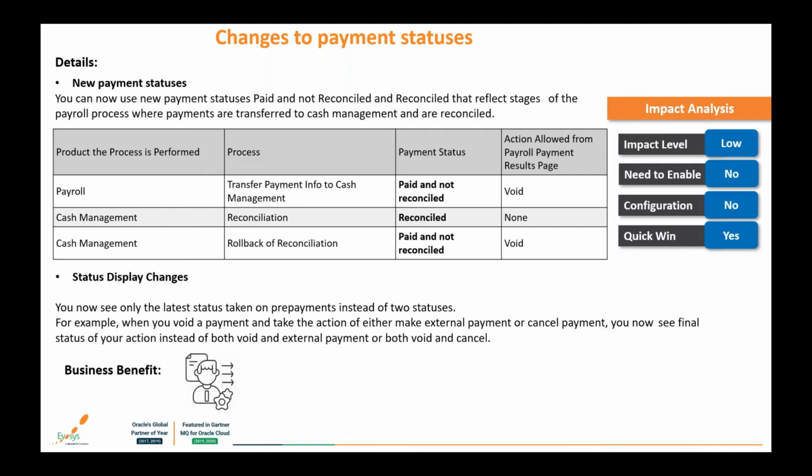By this, we can see the latest status taken on payments, instead of a combined status or two different statuses. We get a single status, which gives more clarity on payment status. This is also a quick win, with no additional configuration needed. It will be delivered by the 21B upgrade automatically. These are the benefits to business.